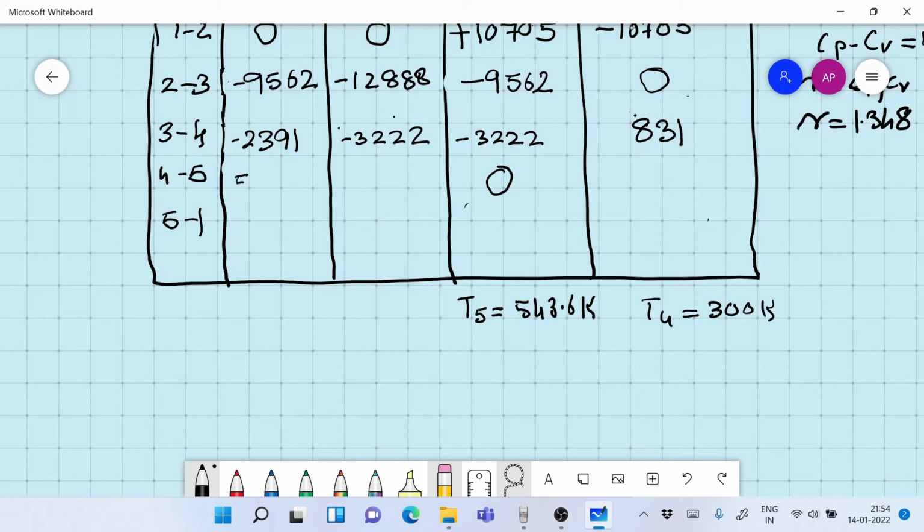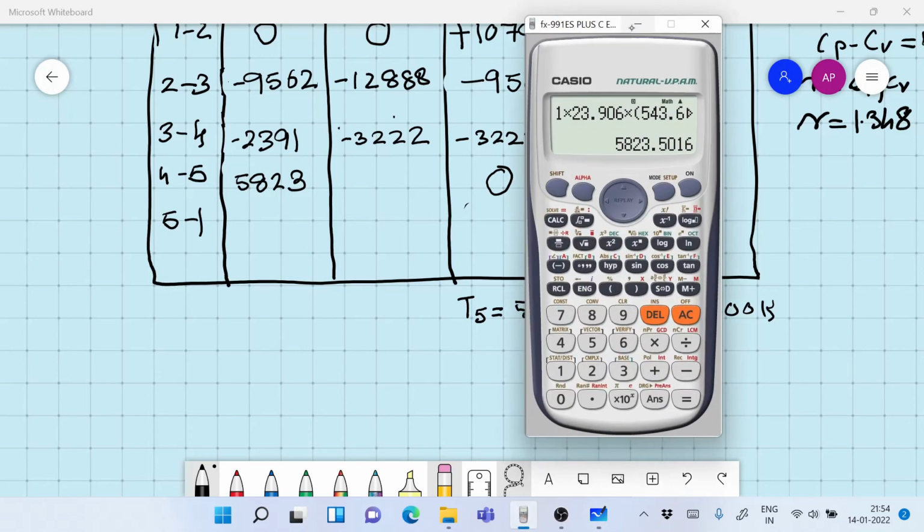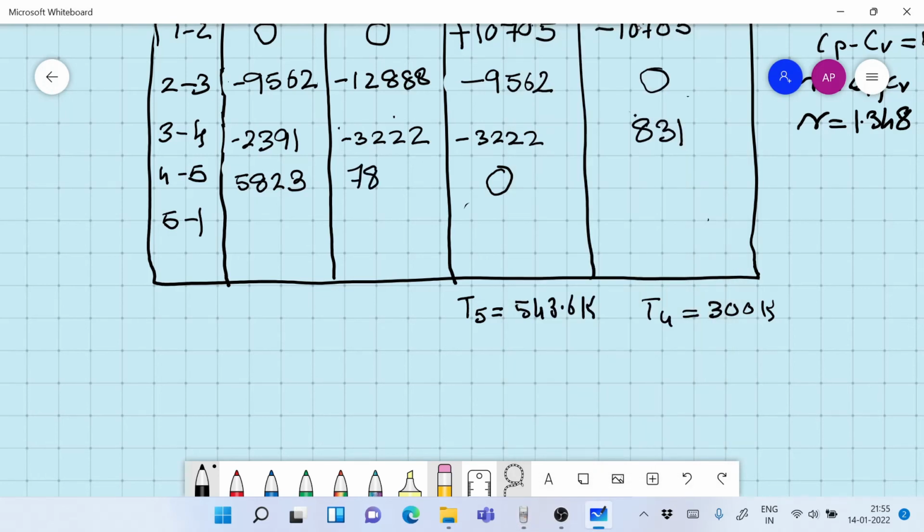So we divide this by 23.906 and we multiply it by 32.22. This is equal to 7,849. Since Q is equal to 0, therefore naturally work is equal to 5,823. Since we apply the first law, delta U is equal to Q plus W. Q is 0 and work is equal to 5,823.